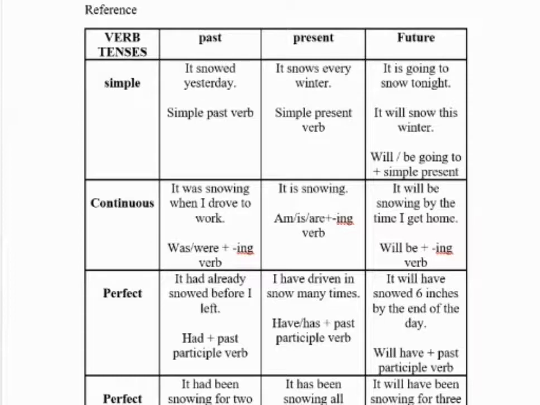So the change with the verbs, whether regular or irregular, is the same no matter what the subject is. So with she, he, they, we, I, you, we make the same change to the verb. In the present, it snows every winter. We have simple present verb. Here, the verb depends on the subject.